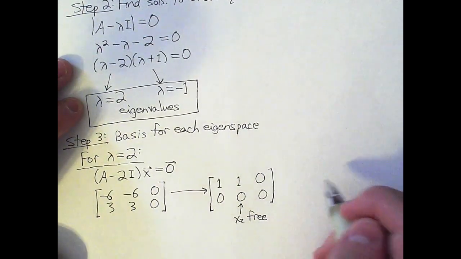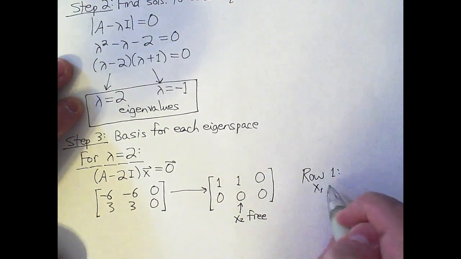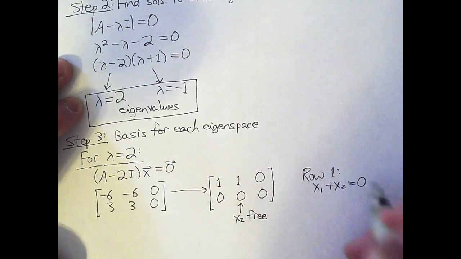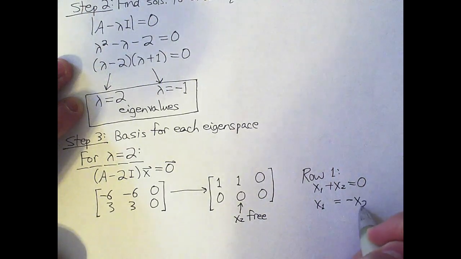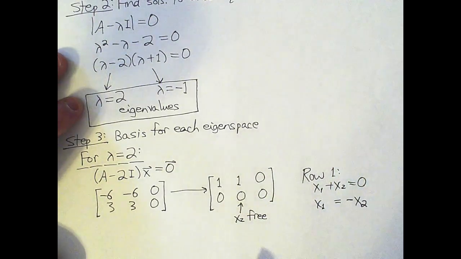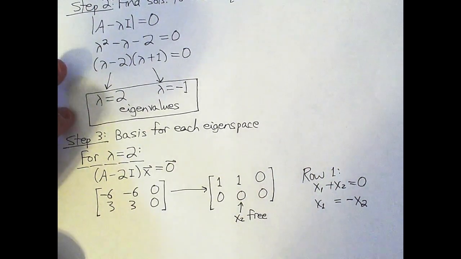Let's see. Row 1 says x1 plus x2 equals 0. When I say there's always a free variable, I should say there's always at least one free variable. We saw in the previous problem there could be 2 free variables.